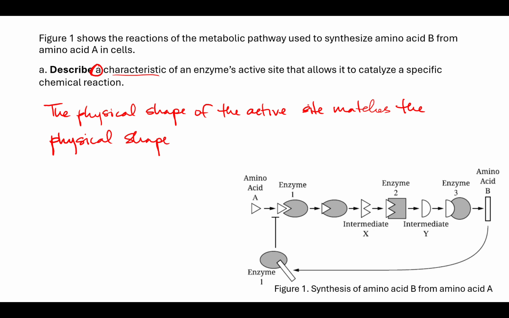You can say that there's a lock and key style fit between the active site and the substrate. You can describe the induced fit model, where when the substrate binds to the active site, the binding is going to change the shape of the substrate to stress bonds to make the chemical reaction easier to happen.